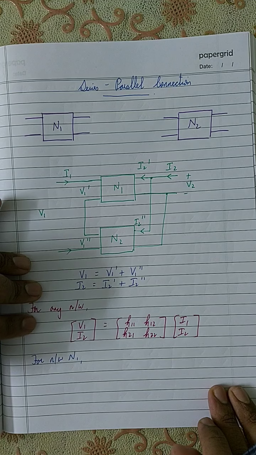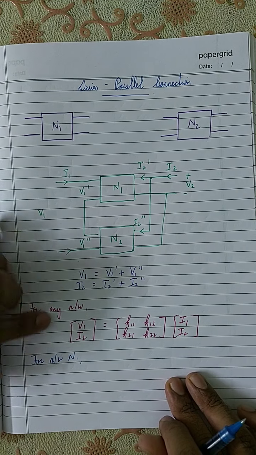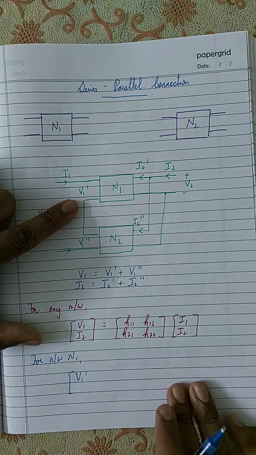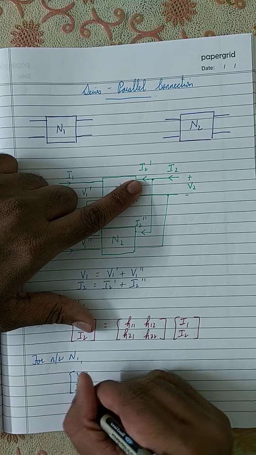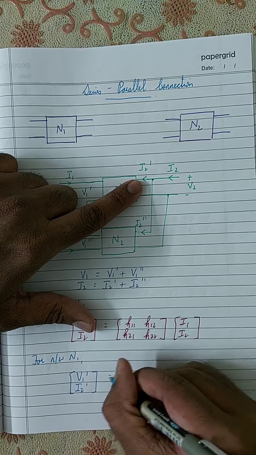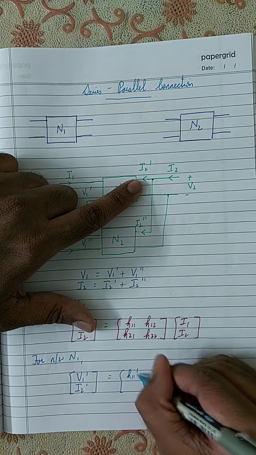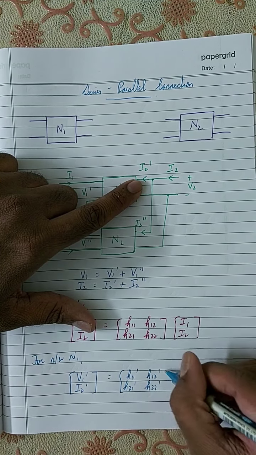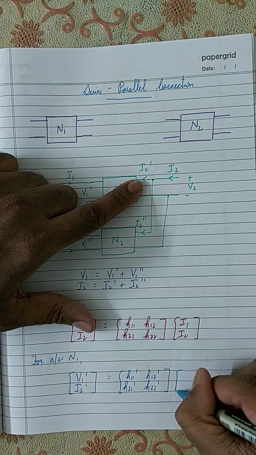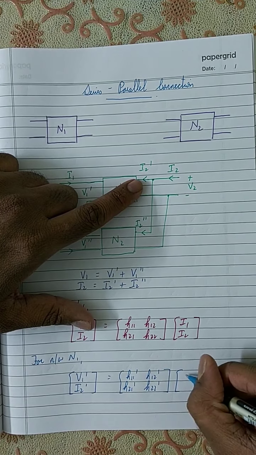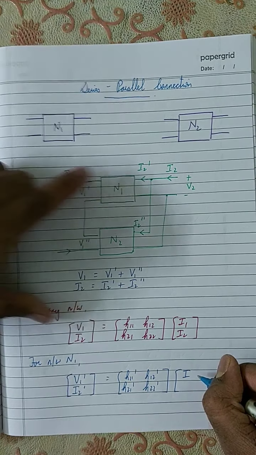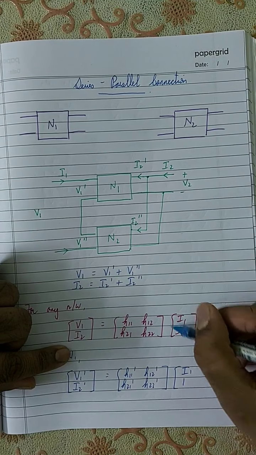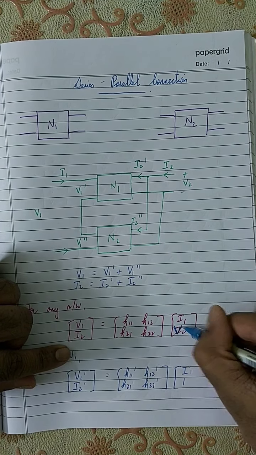what is the hybrid matrix equation for network N1? Here we see that the input voltage is V1 dash and the output current is I2 dash, so [V1 dash, I2 dash] is equal to [H11 dash, H12 dash; H21 dash, H22 dash] into, sorry, I made a mistake, it's supposed to be I1 and V2.